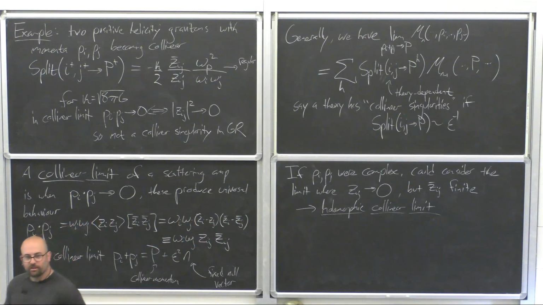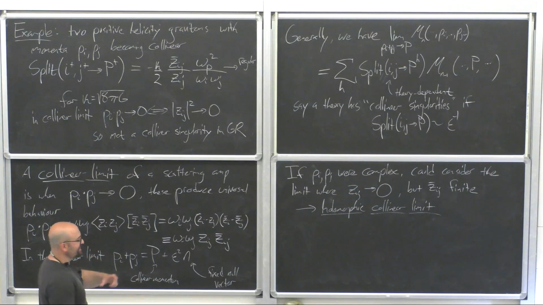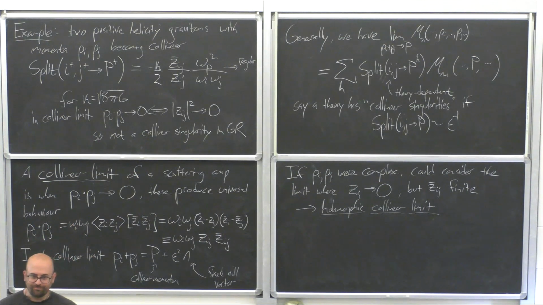Should I worry that this positive helicity graviton splitting function depends on the phase that I approach 0 in the complex plane? You could worry. It turns out that it doesn't. You could think of this phase as the longitudinal momentum split. So you could worry that it depends on this. It turns out that it doesn't. But there's no a priori reason why it shouldn't.